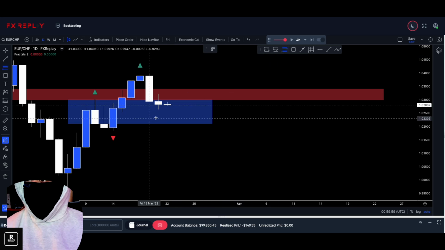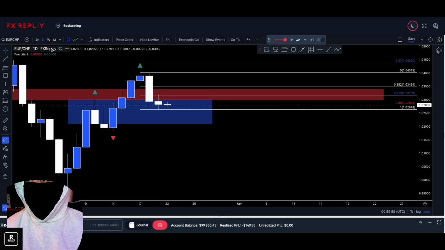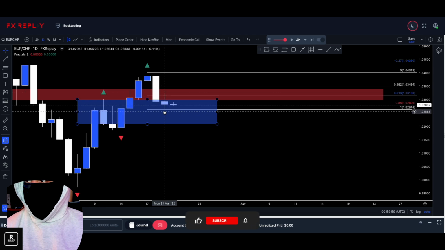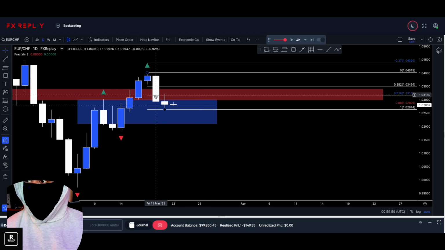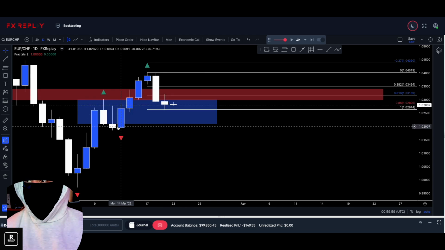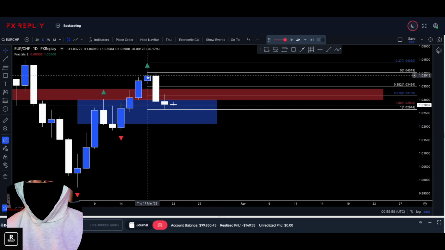Now if we were to get involved in this trade, we would have had to wait for price to basically hold within the red zone rather than break below the red zone, because to me what that's saying now is although it broke above the weekly resistance area, it's actually back down as a support area. Well, it should have acted as a support area, but now we're back into resistance areas, right?